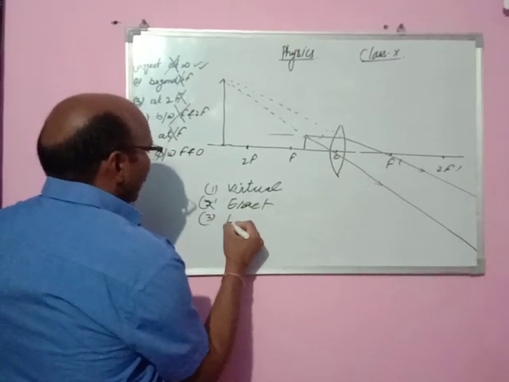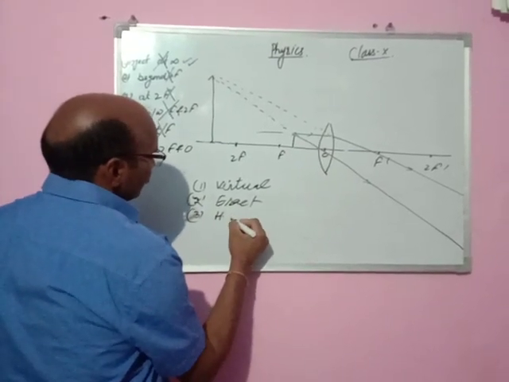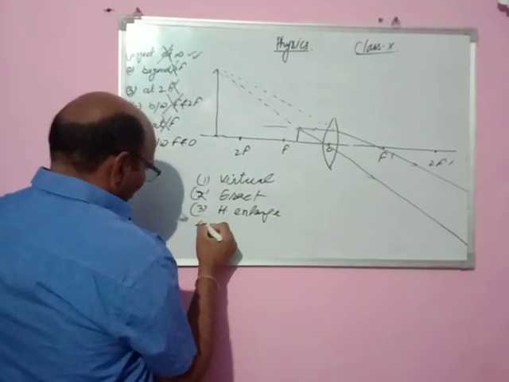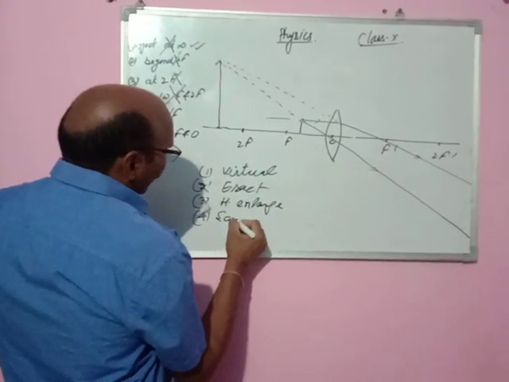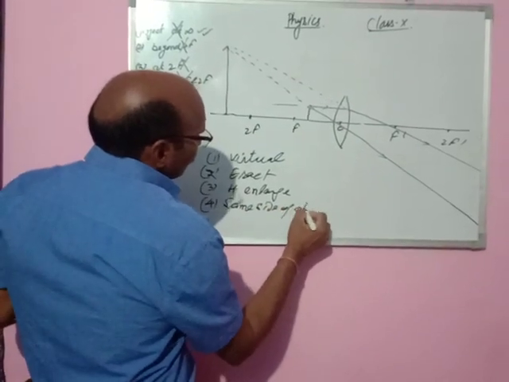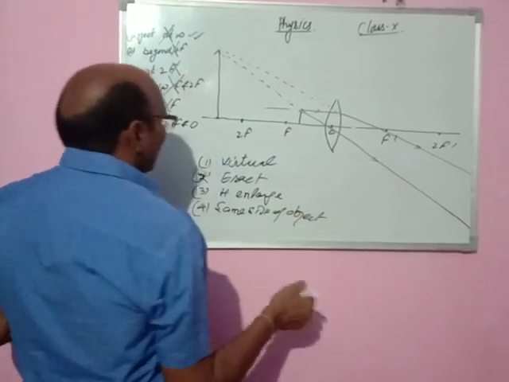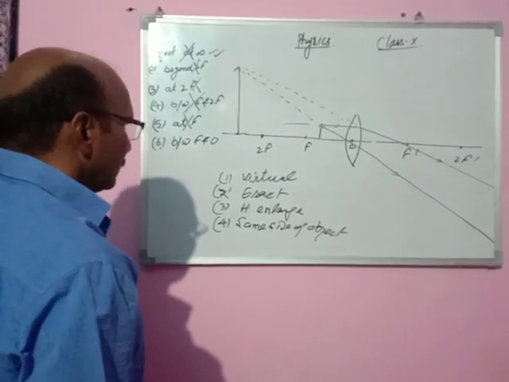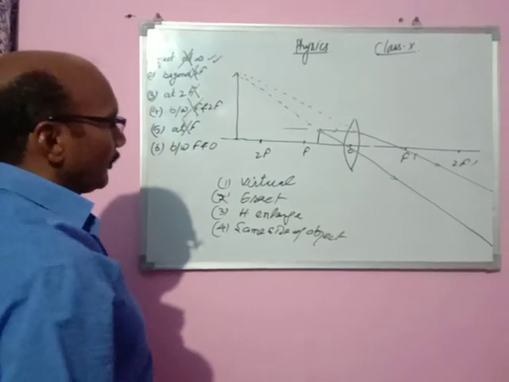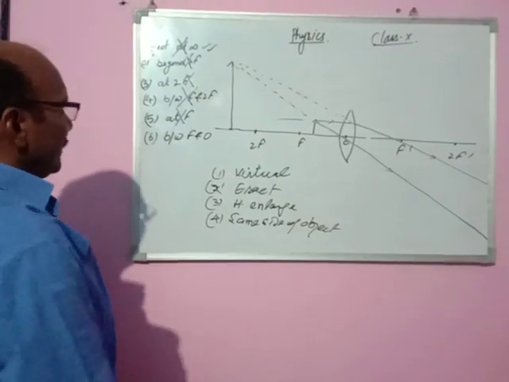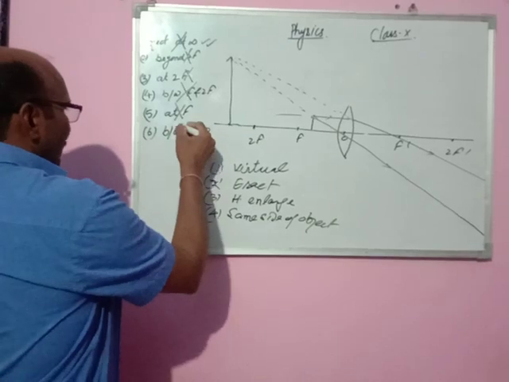Number 3, highly enlarged. Same side of object. Virtual, erect, highly enlarged, and same side of object. Okay, so these are the characteristics of the image when object was kept between F and O.